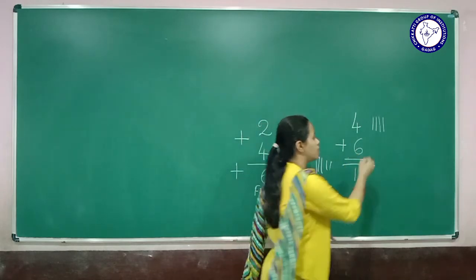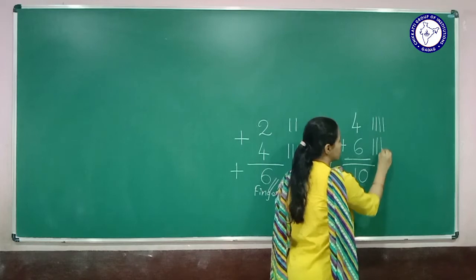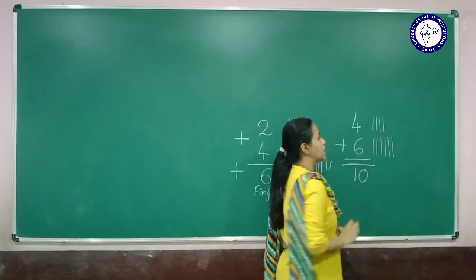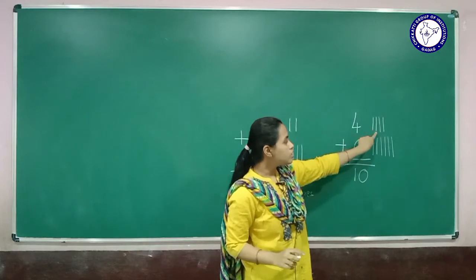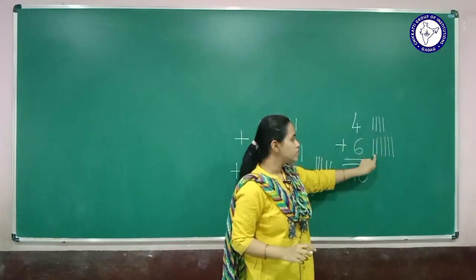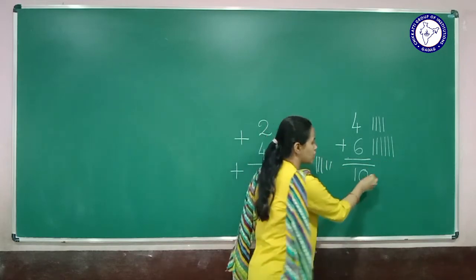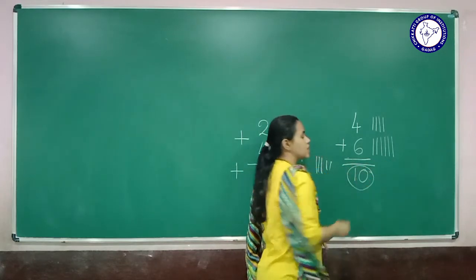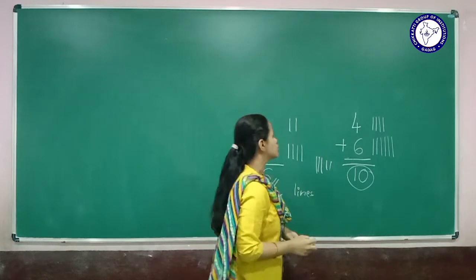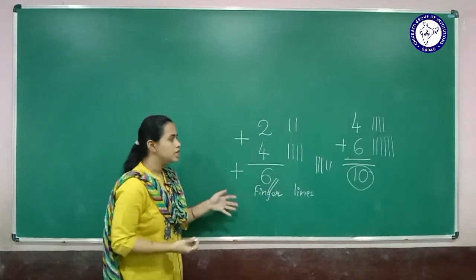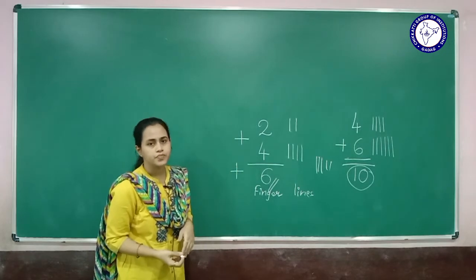So here 1, 2, 3, 4, 5, 6. Shall we count the lines? 1, 2, 3, 4, 5, 6, 7, 8, 9, 10. So we got the answer. So this is addition.